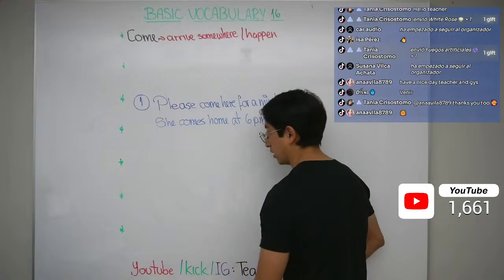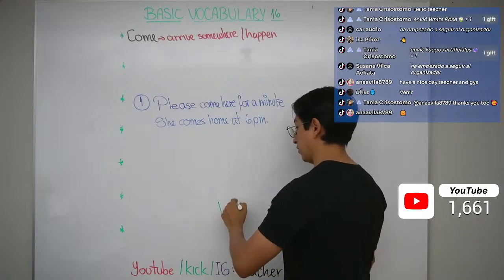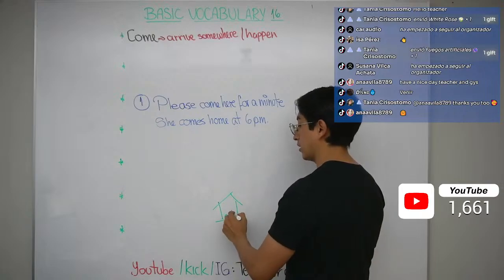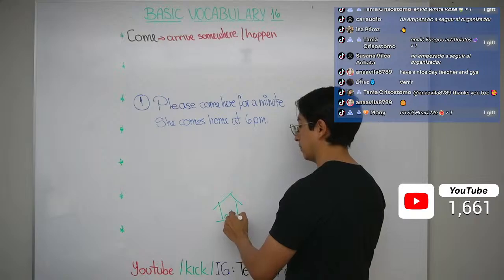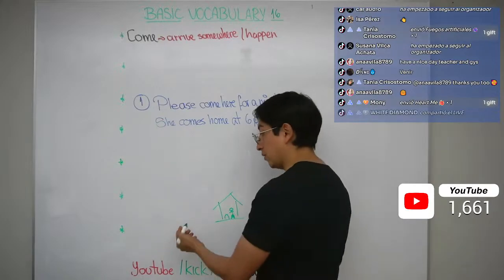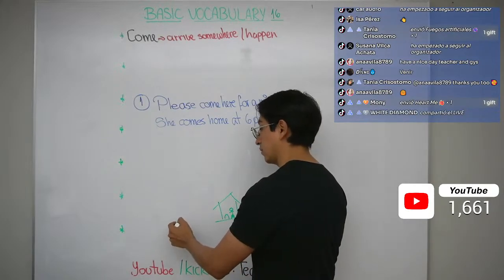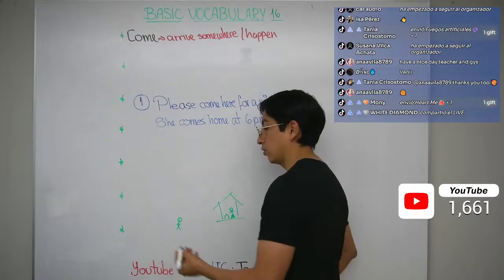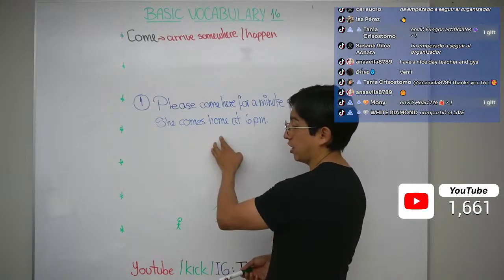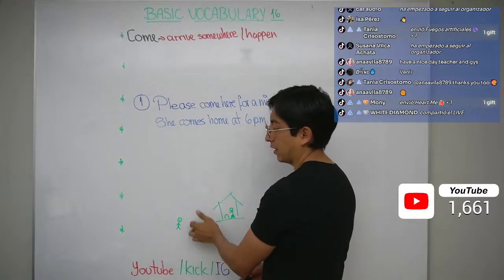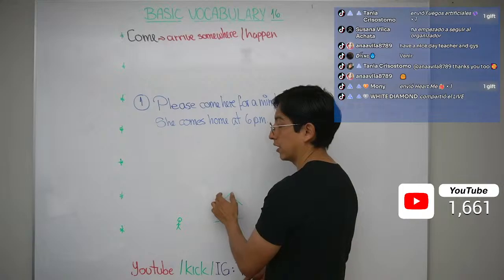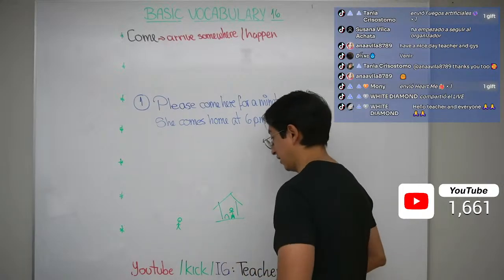So this is your house, and you are here. So you say that this person, I don't know, maybe it's your husband or your child, I have no idea, you say she comes home. You are saying that this person comes to your house. Okay, she comes home at 6.